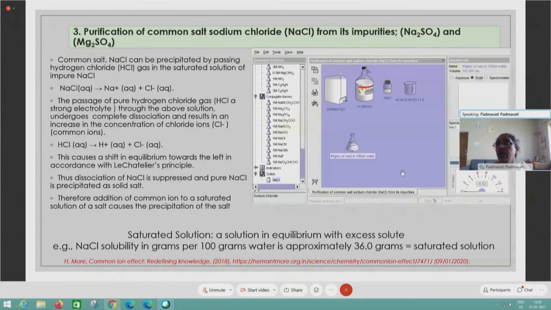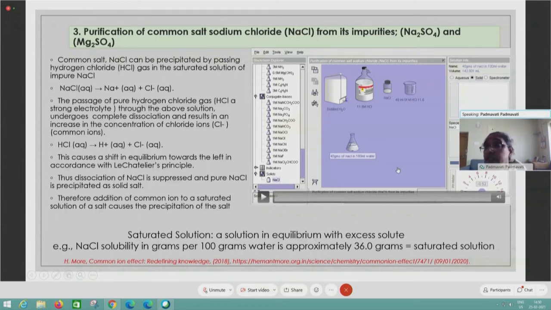You can also see the pH. The pH is showing 0. Sorry, it is giving us a 0 value because it is unable to detect the value. Actually, when you have water along with sodium chloride, you will get a pH of 7.